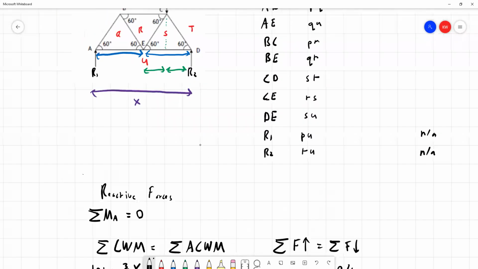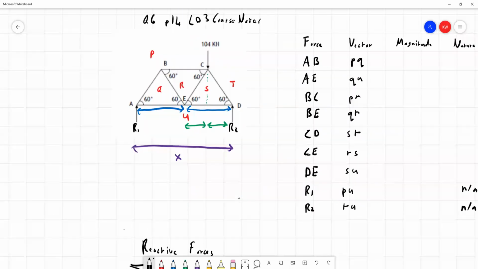So returning to our diagram, we won't need all these measurements, so I'm going to remove them for the second part of the question, the main part where we use Bow's notation. I can remove all of this in here. And add to the diagram what we know about the forces.